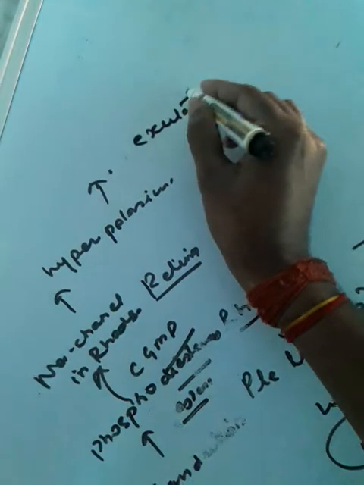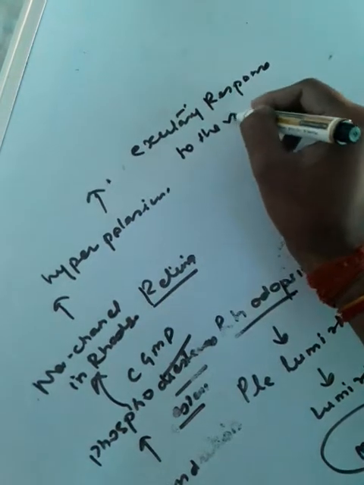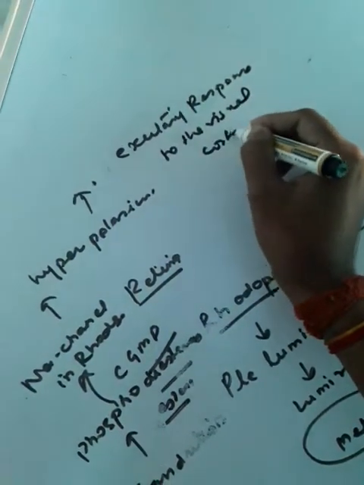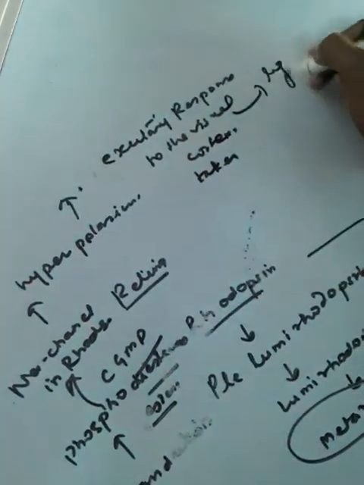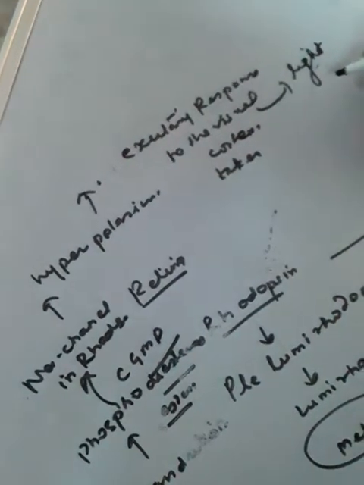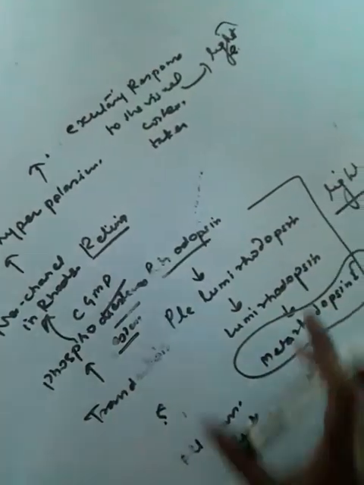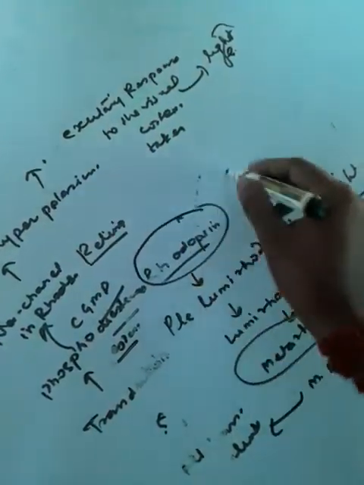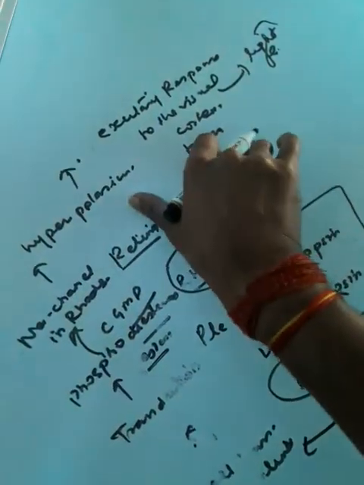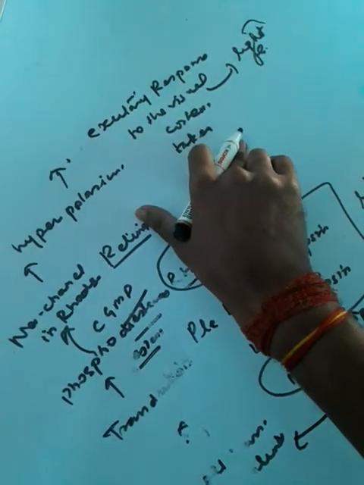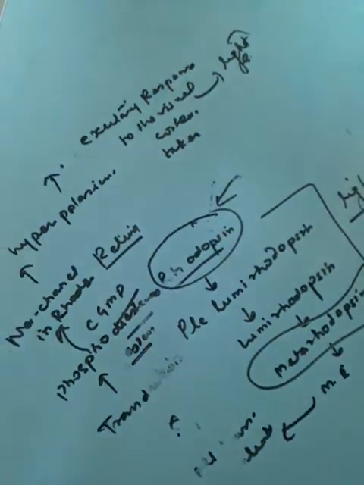This is responsible for light, either bright or colored light. So it is the simple mechanism which takes place in the rhodopsin part. It is the starting point. This mechanism takes place through hyperpolarization, and this stimulates the excitatory response to the visual cortex. Okay, so this is the simple mechanism of the vision process.